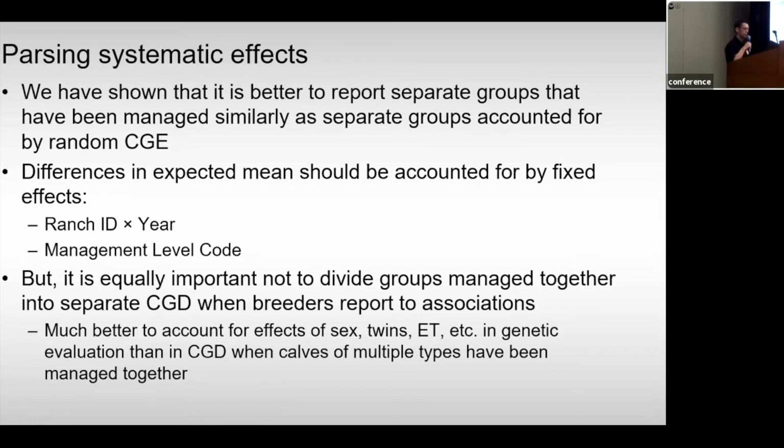But it's equally important not to divide groups managed together into separate contemporary group designations when breeders report them to breed associations. So as an example, our concern was that if breed associations say our contemporary group effects are herd, year, season, sex, breeders might think, well, that's the definition I should use when reporting contemporaries.